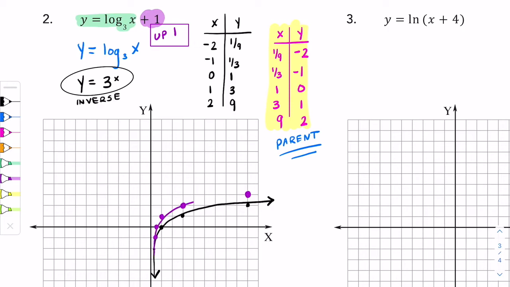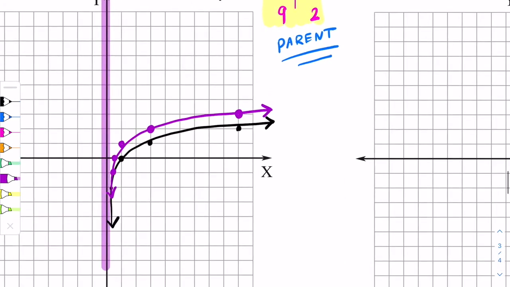That is still going to remain a vertical asymptote at x equals 0. It also does not change the domain or range. In this case, our vertical asymptote x equals 0. The domain is from 0 to positive infinity, and the range is negative to positive infinity.